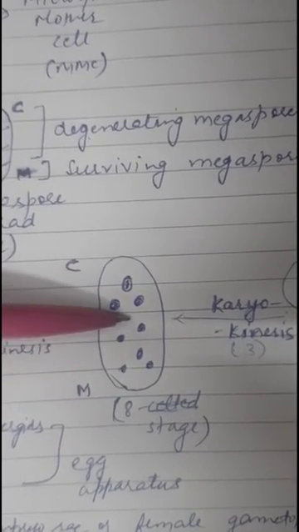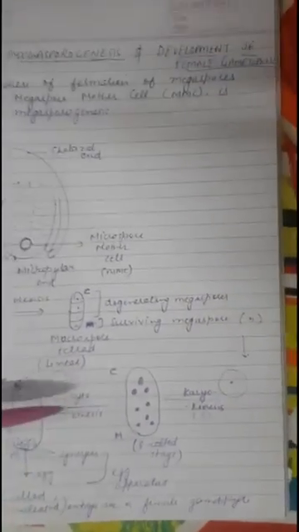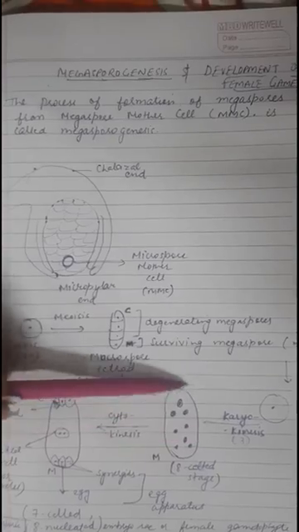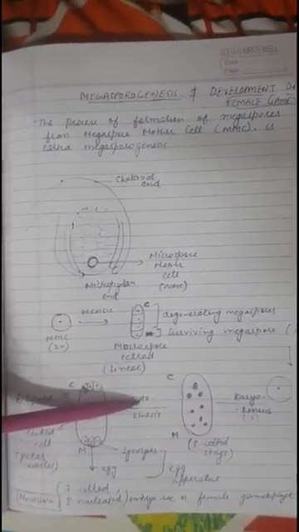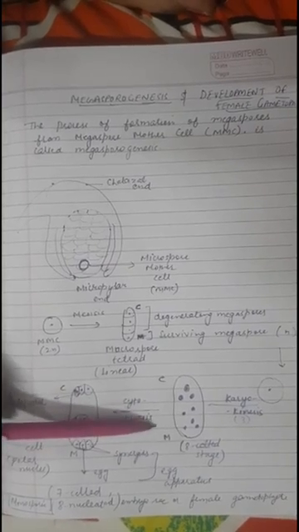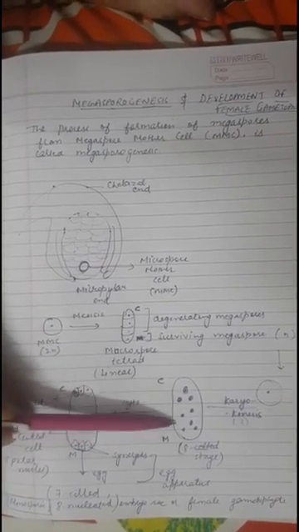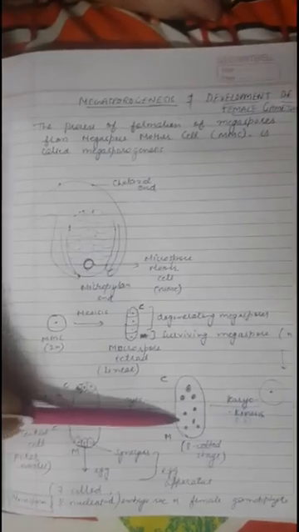Now this structure will undergo cytokinesis. During cytokinesis, the cytoplasm will divide and accumulate around each and every nucleus.